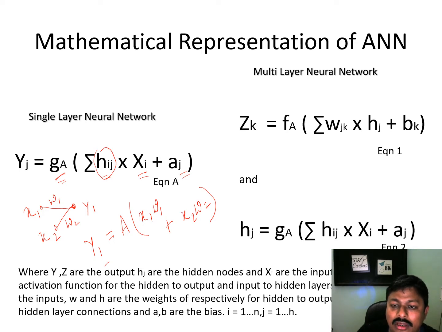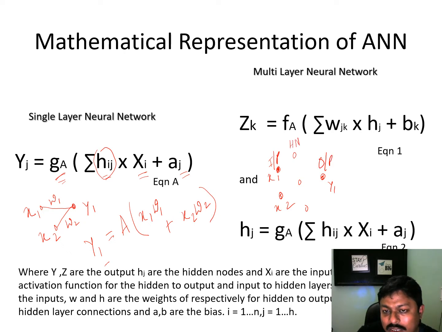Now what happens if, with the same number of inputs and outputs, this is x1, this is x2, and output is Y1, here I put another layer with 3 nodes. Okay? These are known as nodes. These are input nodes, this is the output node, and these are hidden nodes.